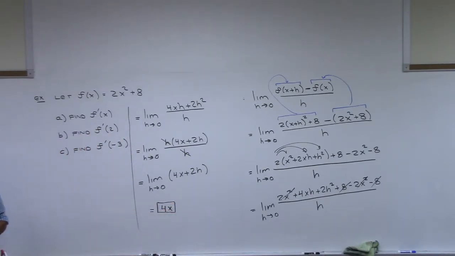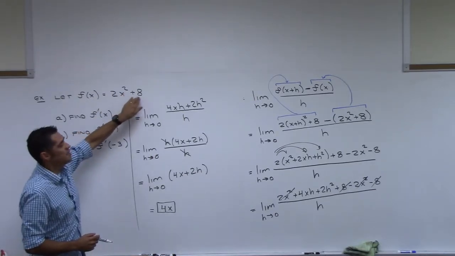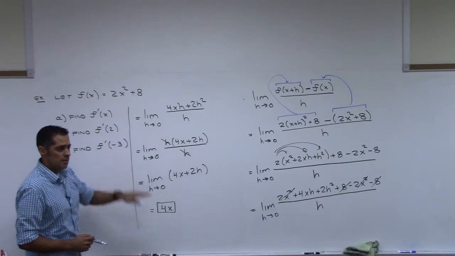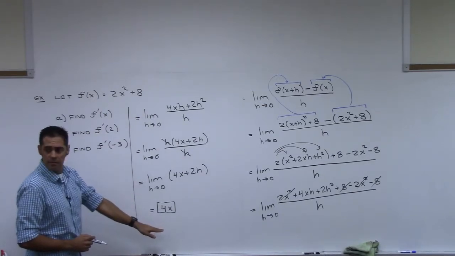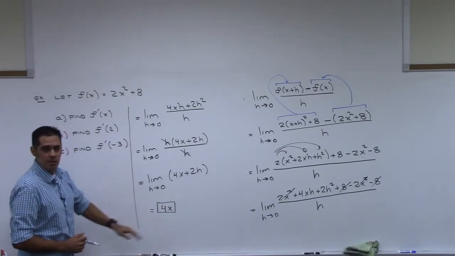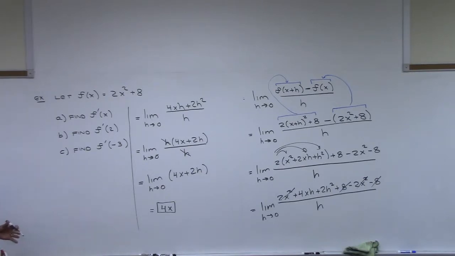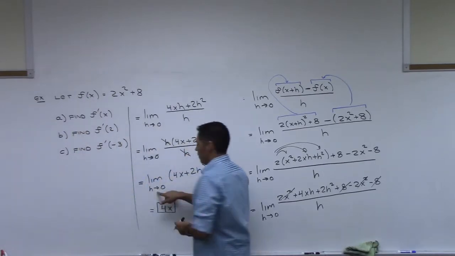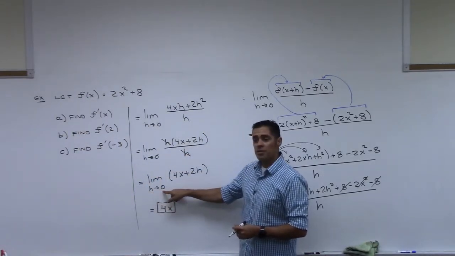The derivative of the function 2x squared plus 8 is 4x. All right? That's the derivative. So the reason why you set h to 0 is because the limit says let h go to 0.